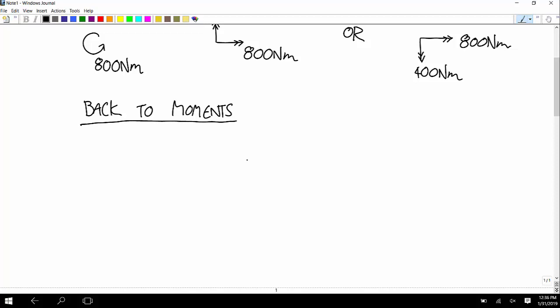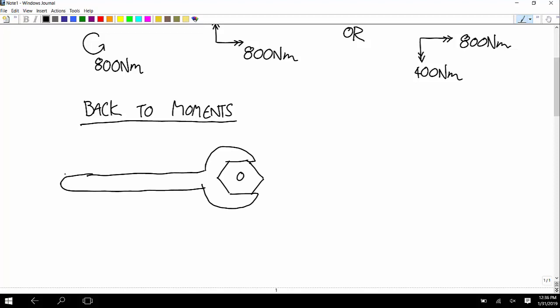So let's go back to this idea of what a moment is, this intuitive idea. And I want to say something about intuitively understanding the direction of a moment. Okay, so say you have this wrench and you're applying a force that way. And this is the about point, the center of the place where it's going to start moving.